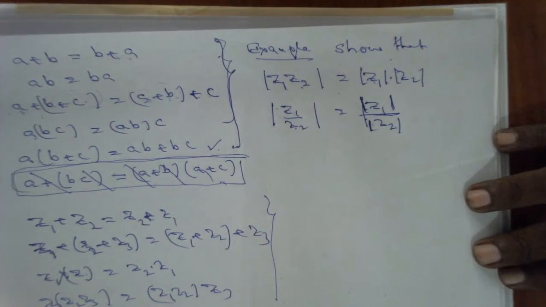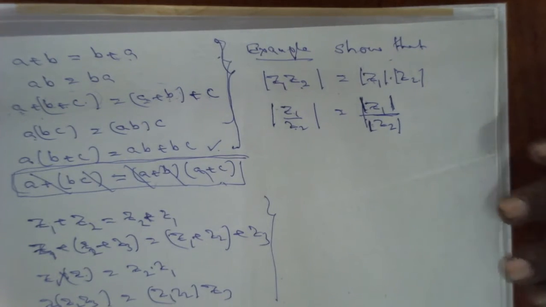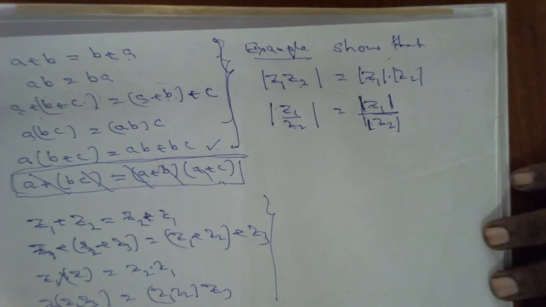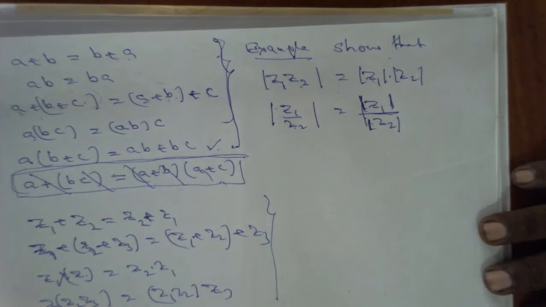Can you manage this one? I can, sir. How do you start? With the assumption that Z1 is x1 plus i y1 and Z2 is x2 plus i y2. Yeah, you can start like that. Okay, give me 5 minutes.